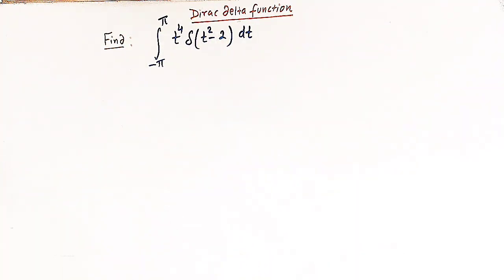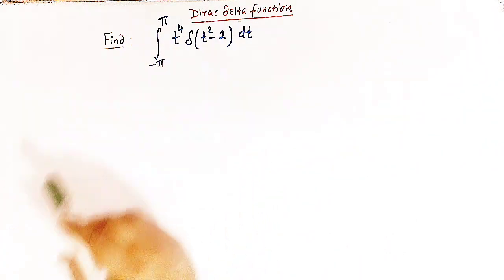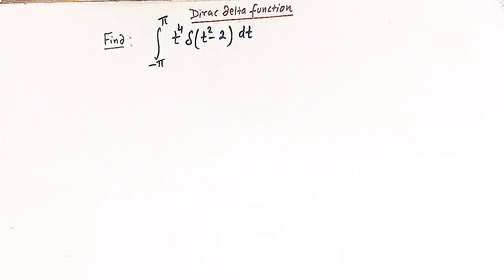We'll solve this integral with the help of one important property of Dirac delta function. Let us first state the property, and then we'll see how we can apply it to simplify this integral.